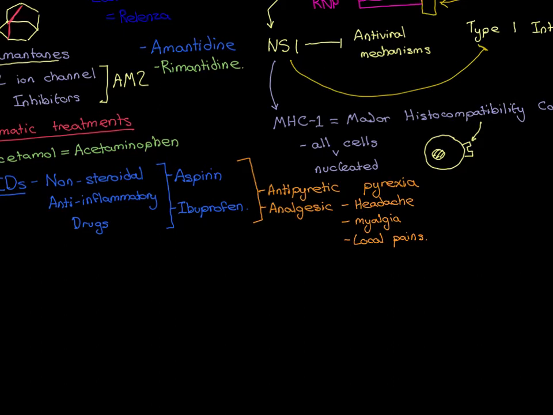Okay, so the next thing to ask is, how do they help relieve these symptoms? Well, remember what we said about the mechanism of where these symptoms come from. Local pain is caused by the synthesis of that molecule, prostaglandin E2, in the area where inflammation is occurring. Headaches and myalgia, why do we believe those occur?